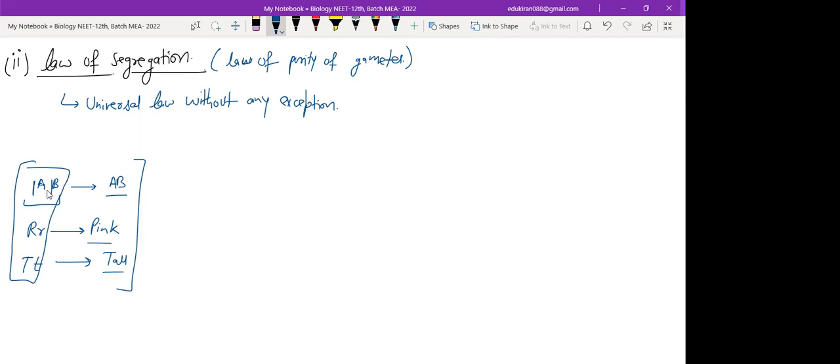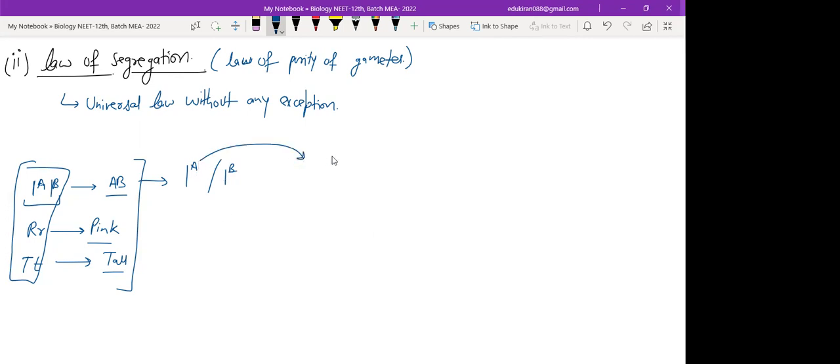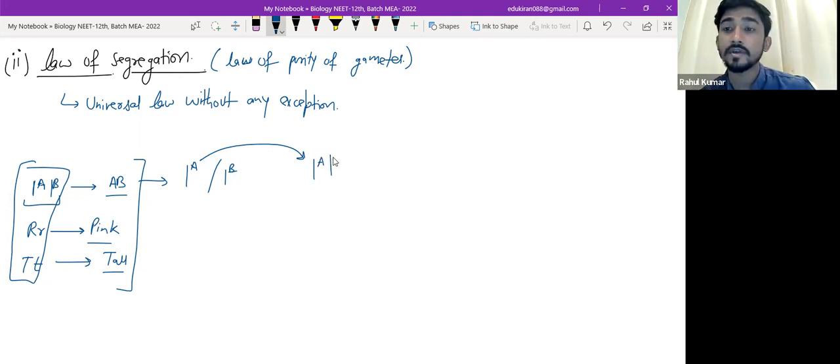But when gametes are formed, what gametes will there be here? A separate pure IA gamete and a separate pure IB gamete, right? And if IA again gets a chance to be present with IO, what will be the blood group?